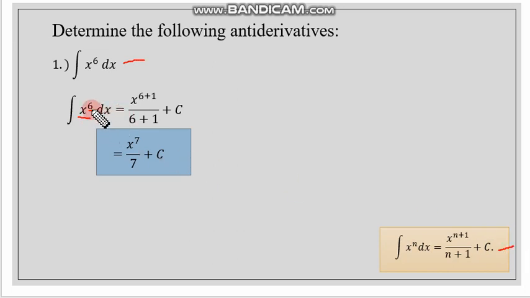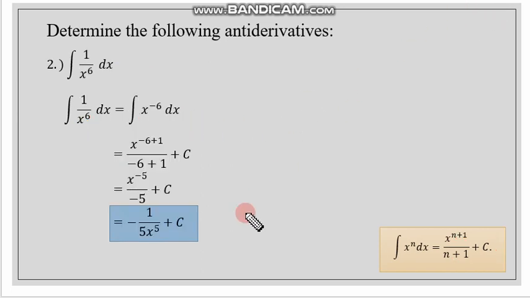The n here is 6, so 6 plus 1, and then we will take that exponent plus 1 to our denominator. So 6 plus 1 to our denominator plus c. 6 plus 1 is 7, so 7 in the exponent, and 7 in the denominator. So the final answer is x to the 7 all over 7 plus c. That's the antiderivative of our function.